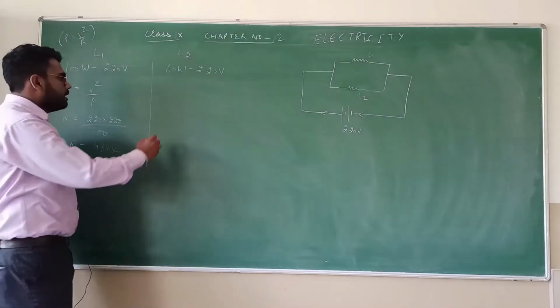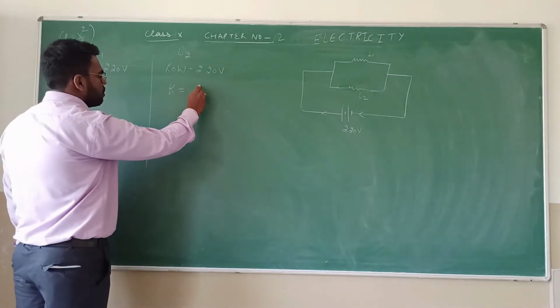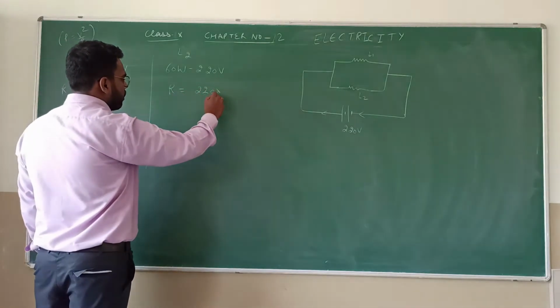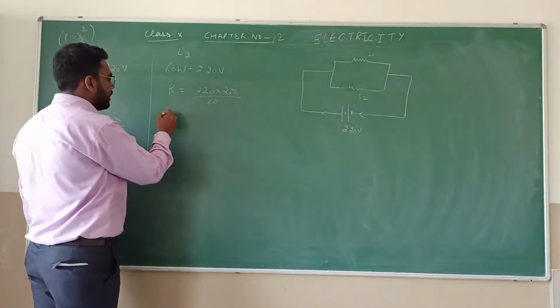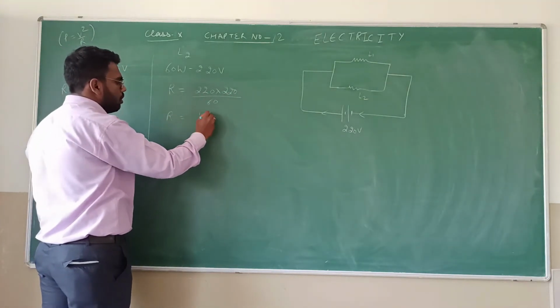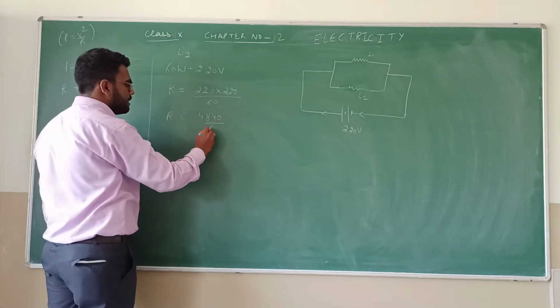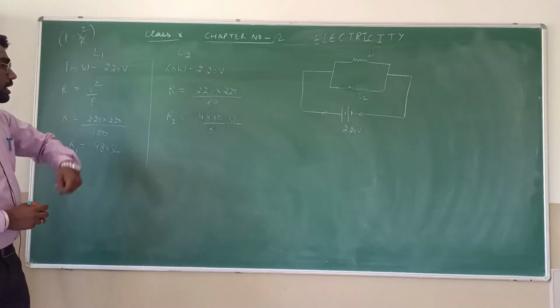For the second, it is 220 into 220 by 60, which gives 4840 by 6 ohm.